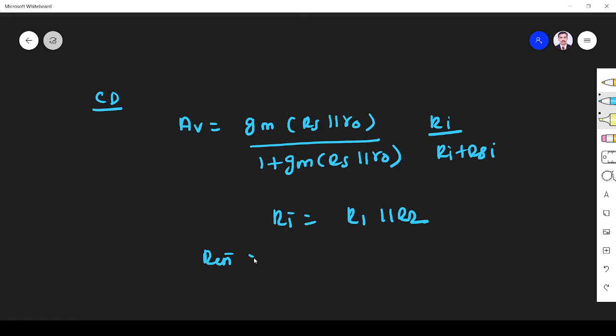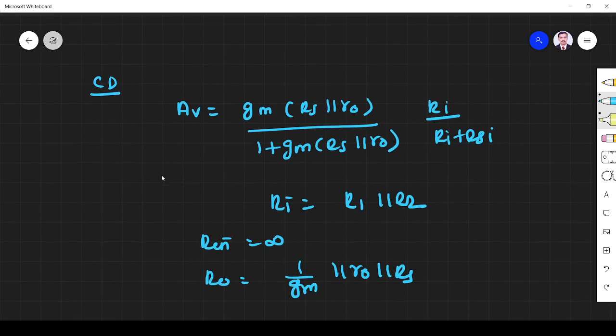Rin is infinity. RO is equal to 1 by gm parallel small ro, parallel RS. That's all about the session. Thank you.